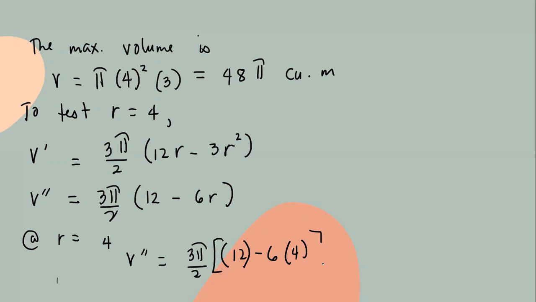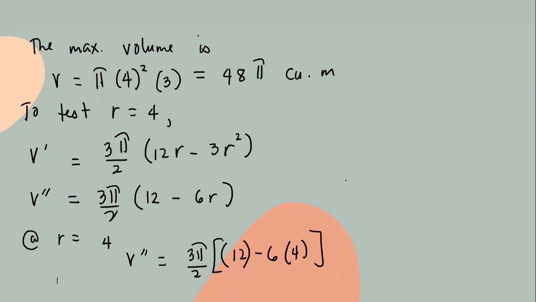What would be the value? We are still in terms of pi. What is the answer? 12 minus 24, negative 18 pi.